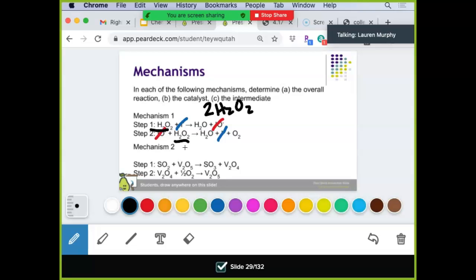H2O2 is hydrogen peroxide, H2O is water. So 2 waters on the product side, one here and one here. And this guy is left untouched, that oxygen gas is also a product. So this is your balanced chemical reaction. This is the decomposition of hydrogen peroxide into water and oxygen.